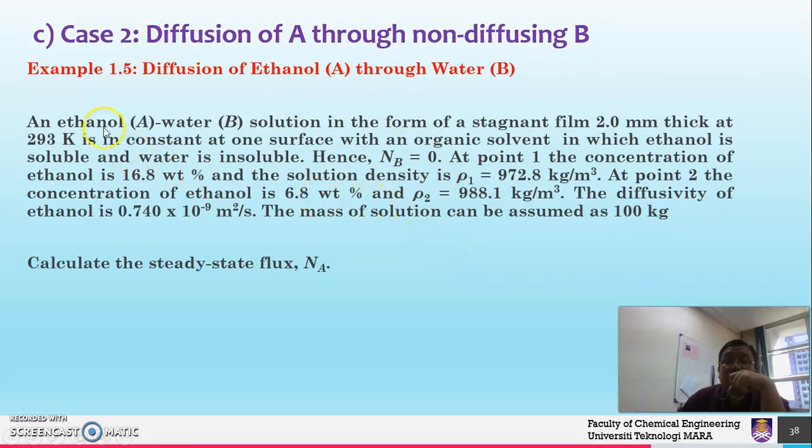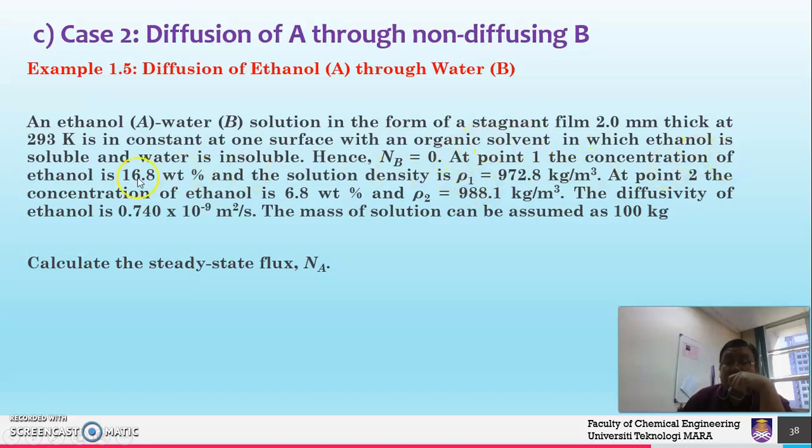An ethanol (A) water (B) solution in the form of a stagnant film 2 mm thick at 293 K is in contact at one surface with an organic solvent. Ethanol is soluble in it and water is insoluble, so of course B is non-diffusing.